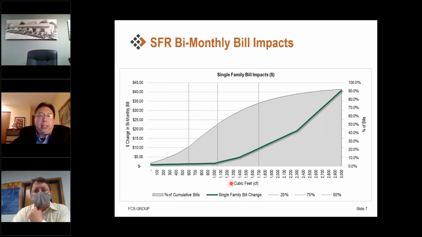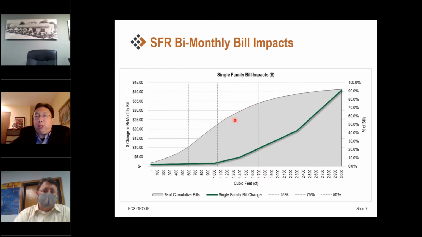So for example, at let's say 1,000 cubic feet of water usage, that represents about 50% of your customers. So about 50% of your customers are below that point, and 50% are above.